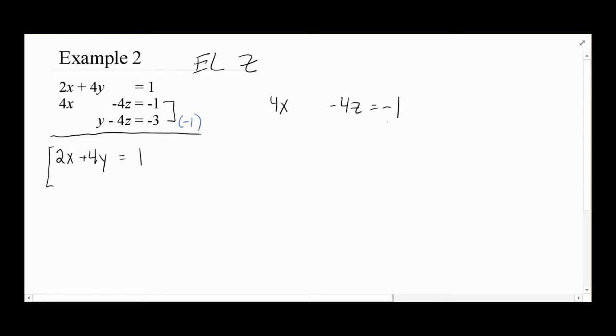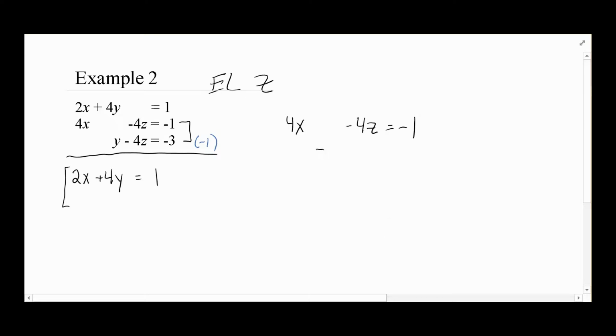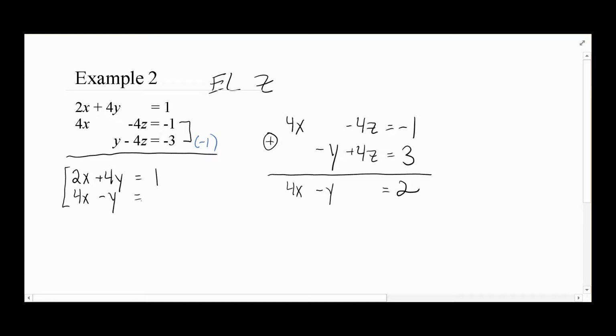In the original third equation, I'm going to multiply by -1, giving me -y, positive 4z, and positive 3. Once I add that together, I get 4x minus y equals 2. And I'm going to copy that over here into my two equation, two unknown spot.